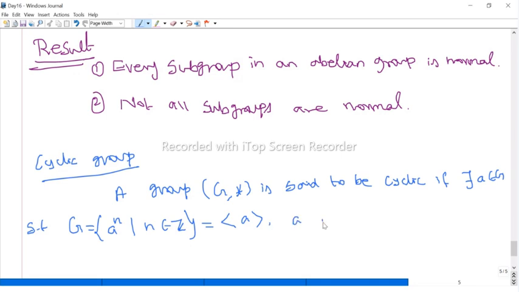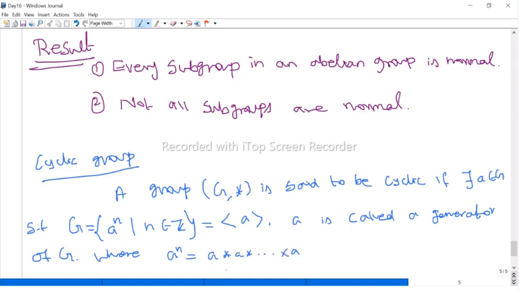This a is called a generator of the group, a generator of G. Where, what is this a^n? a^n means we have to operate a * a * ... n times.